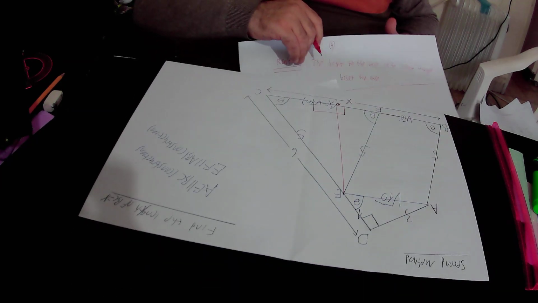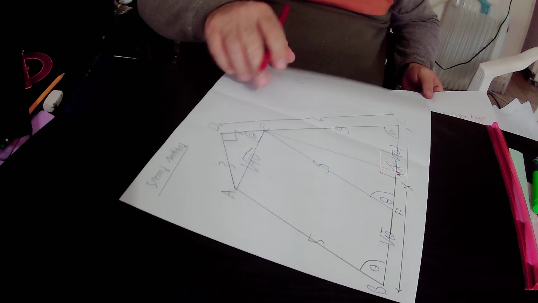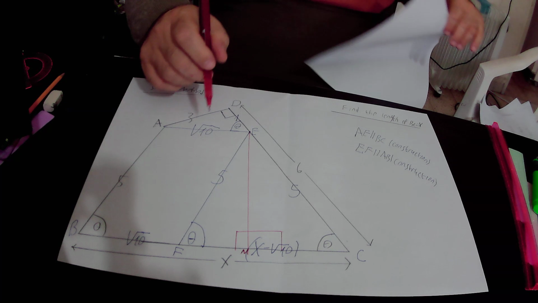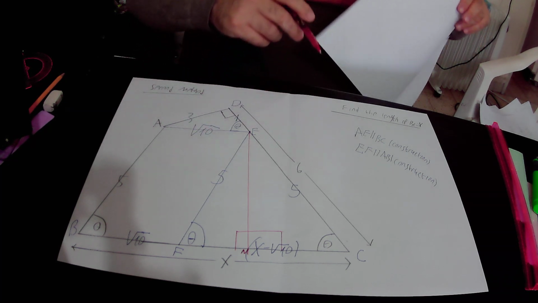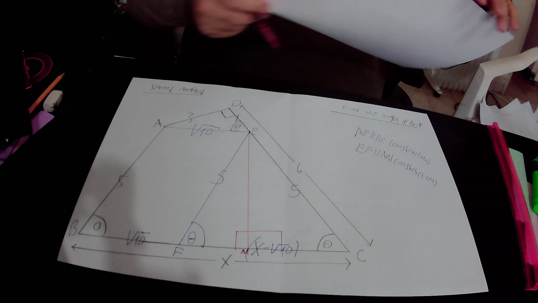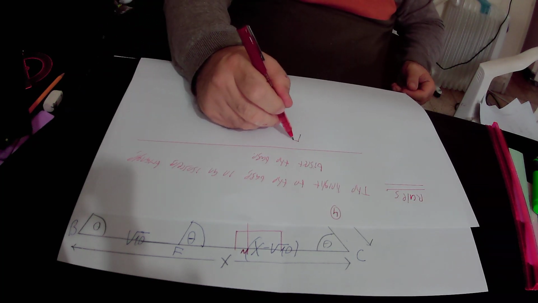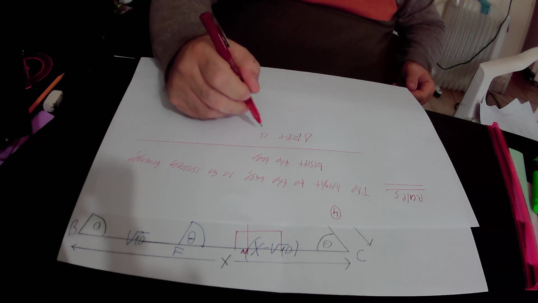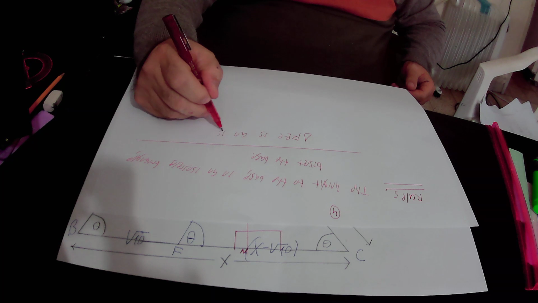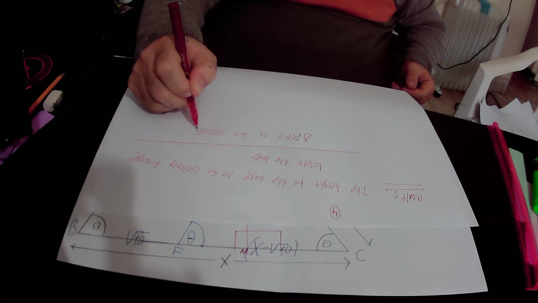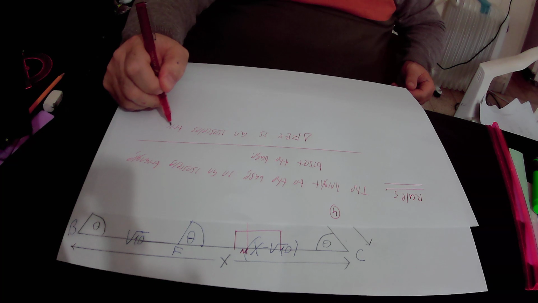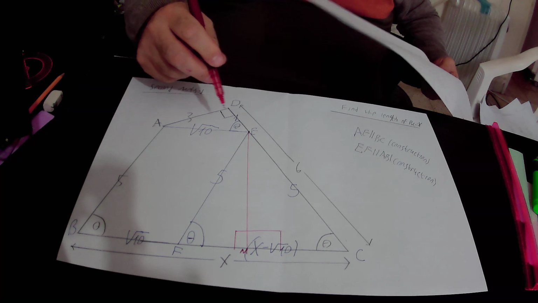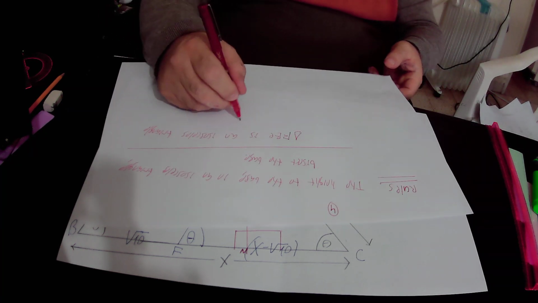So here in our isosceles triangle EFC, we know that triangle EFC is an isosceles triangle because FE equals EC equals 5.